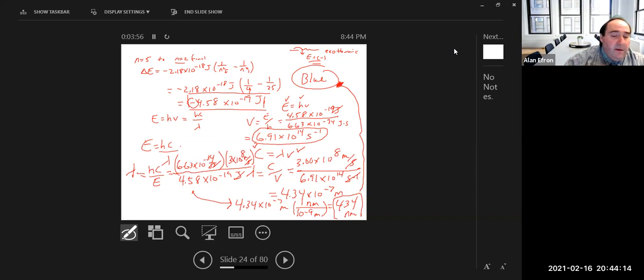But when we go to use that value in either this calculation here, or maybe down here in this calculation, we want to turn it into a positive number, because if we did not, the only difference that would happen is we would end up with a frequency of minus 6.91 times 10 to the 14, or a wavelength of minus 4.34 times 10 to the minus 7.